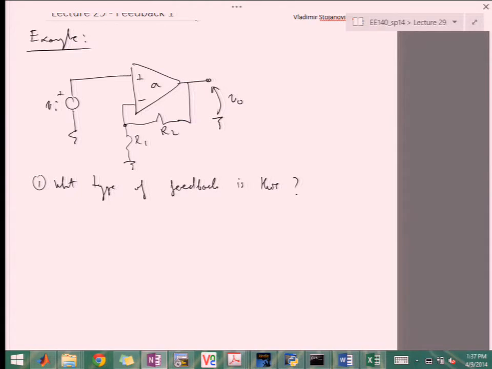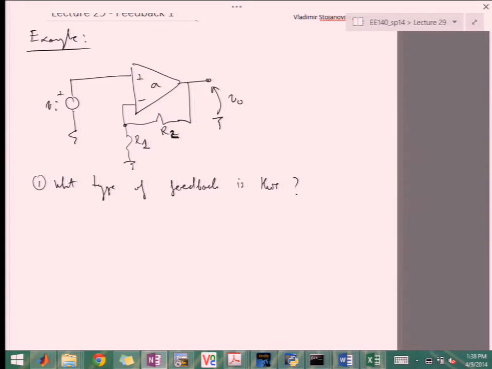Sorry, this is R2, R1. When we define type, we define it by the type of the input network versus the type of the output network, right?